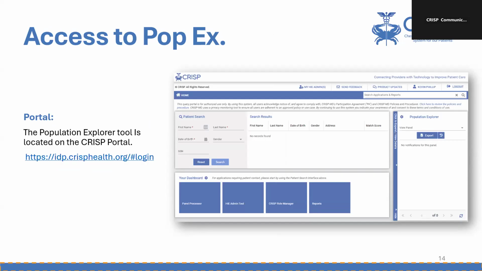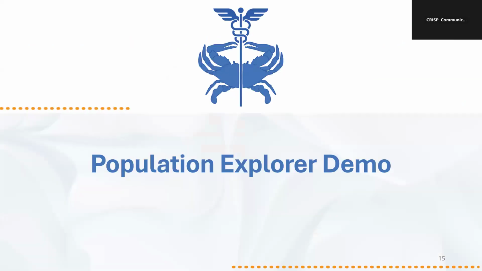So I think with all of that background out of the way, I'm going to pivot now to do a demo of Population Explorer, and then we'll come back to our slides here to answer your questions if there are any. So give me a second while I change screens here.